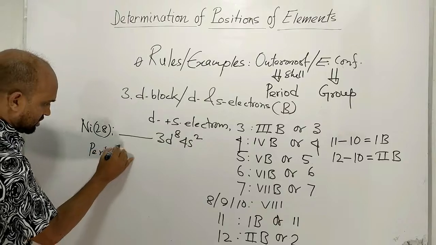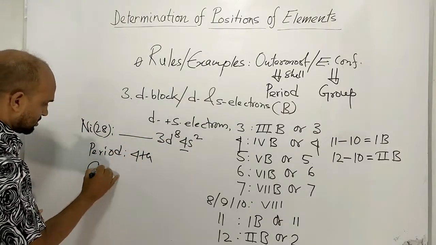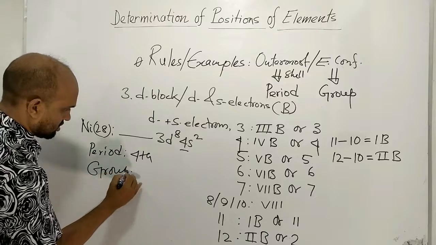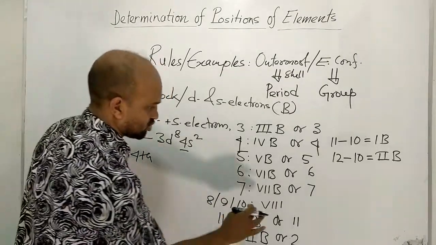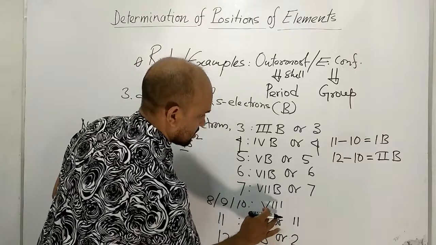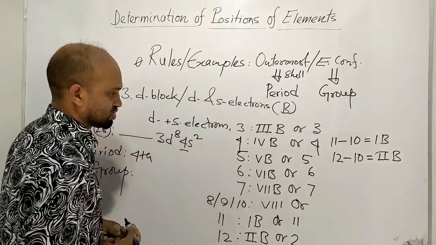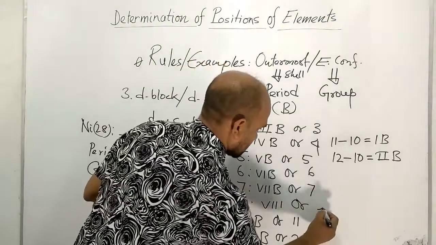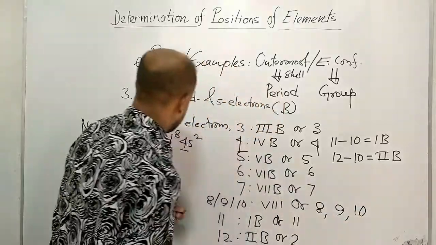Its period is fourth period and group is, if it is 8, 9 or 10 electrons, then it will be column 8 in the modern periodic table, and in the most modern periodic table it will be 8 or 9 or 10.